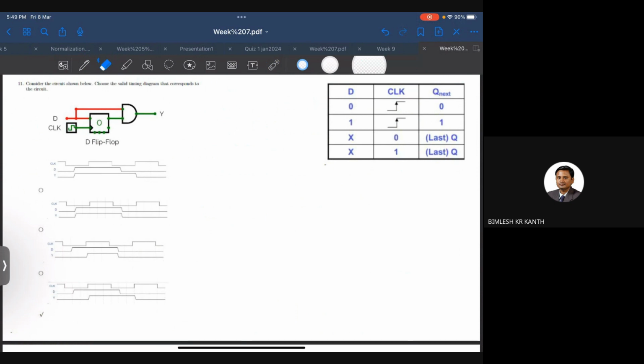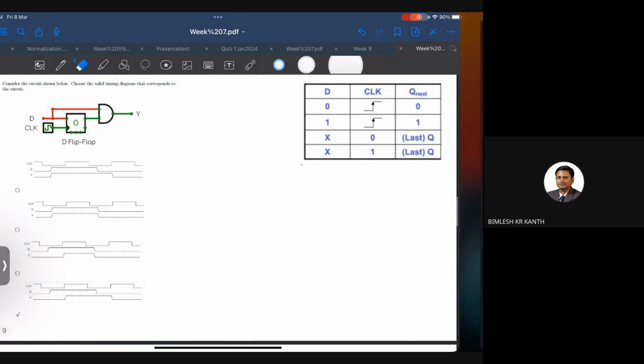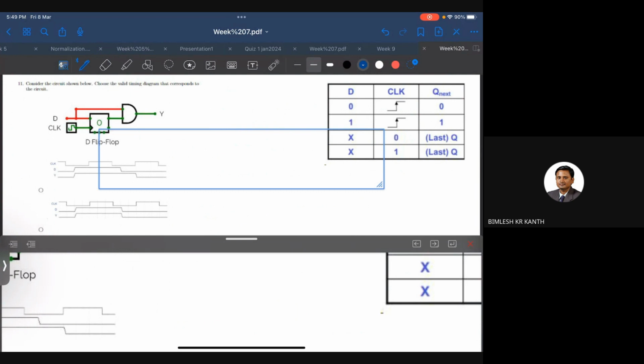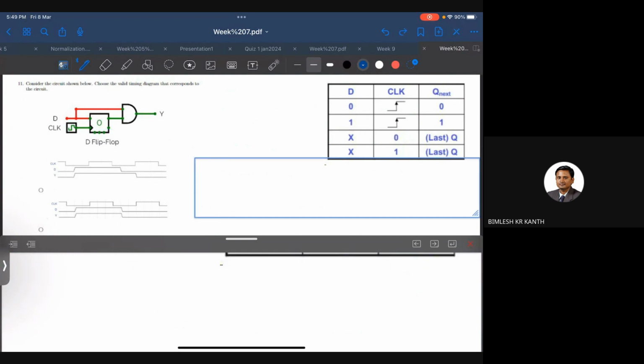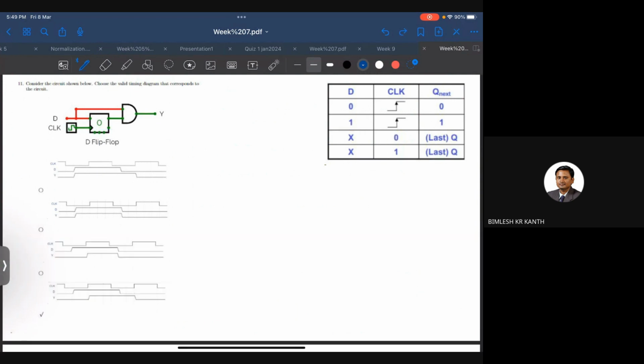So this may not be correct. Which will be the right answer? This is the D flip-flop, and this is the clock, and this is the D input.